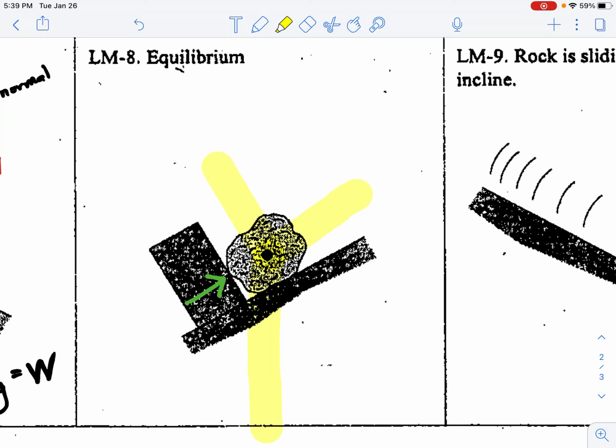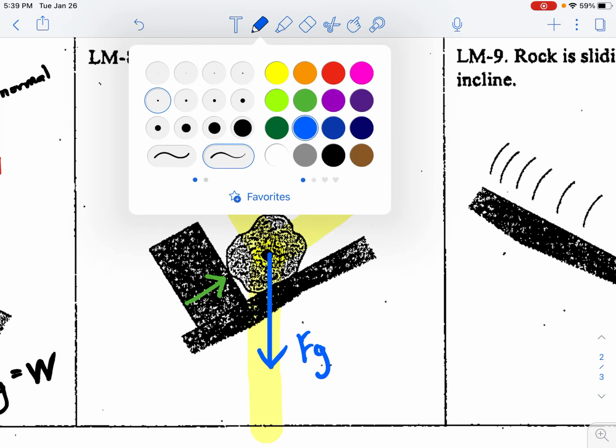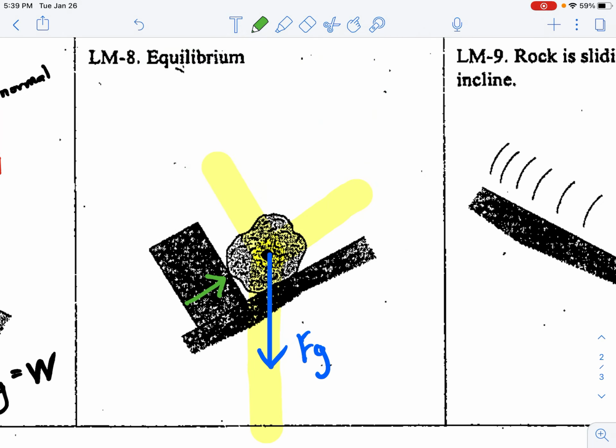Okay, so if I start from the force of gravity, and let me make gravity blue, and I say, here's my force of gravity, Fg, then I know if this thing isn't moving, then my combination of those forces must be equal in magnitude, but in the opposite direction.